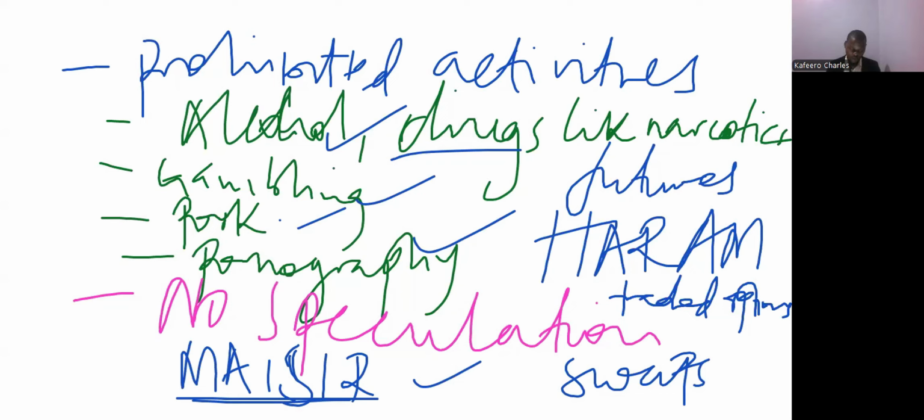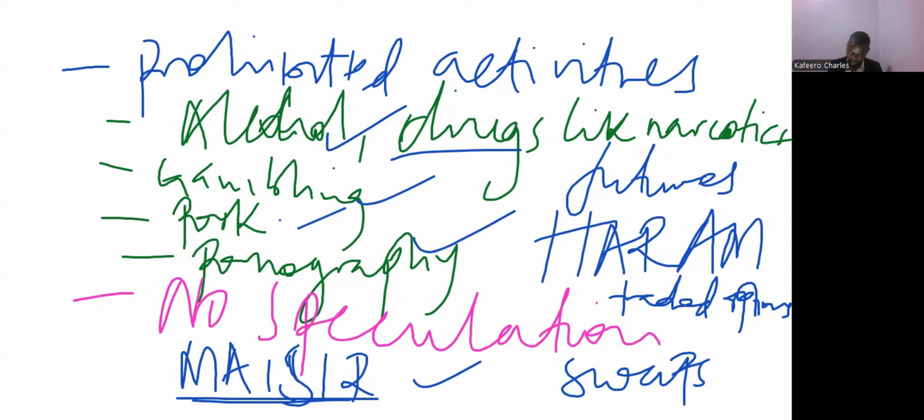So you are just hoping by that time, maybe if I come up with this contract, then this is how we shall manage the risk, etc. So such aspects or such activities are not allowed in Islam.